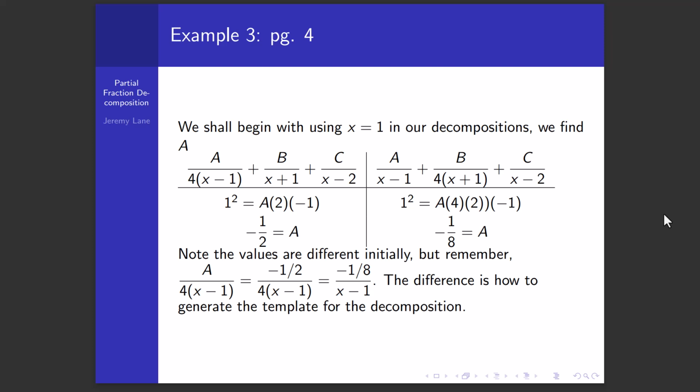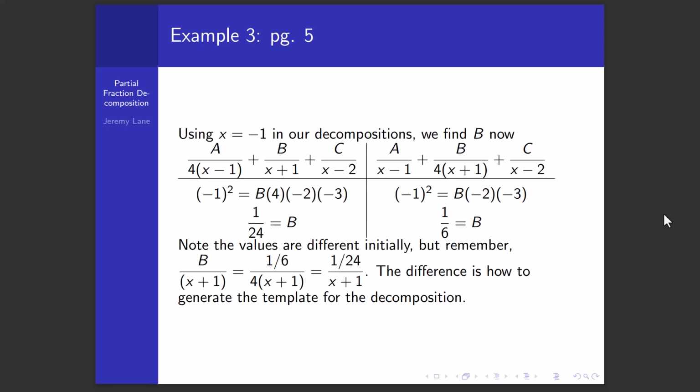And when we do this substitution method by using x equal 1, we end up with negative 1/2 equal to a when 4 is the denominator under a. But when it's not, we get negative 1/8 for the value of a. So this is the difference that it makes. But because 1/4 of negative 1/2 is negative 1/8, that part of the decompositions is still equivalent.